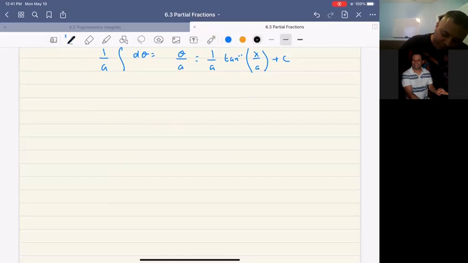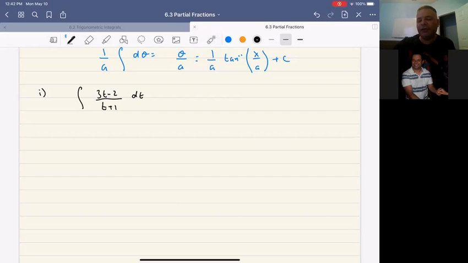First example: the integral of 3t minus 2 over t plus 1 dt. Here, we're going to start by doing a little bit of division. Honestly, we could do this a number of different ways.